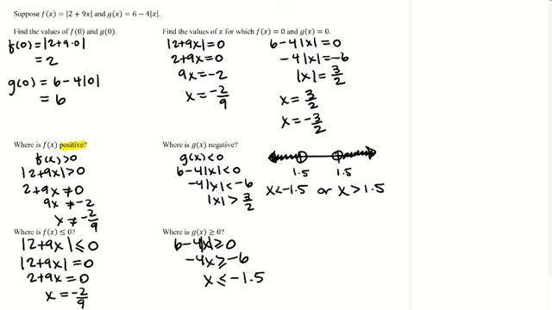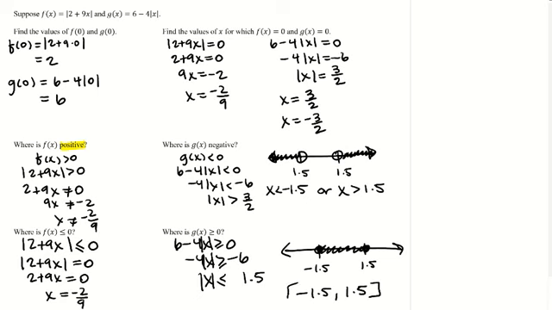No, I lost an absolute value in here. The absolute value of x is less than or equal to, what? Oh, positive 1.5. In here, and including 1.5 and negative 1.5. So I could write that as negative 1.5 up to positive 1.5. And that's all I've got for y'all today.